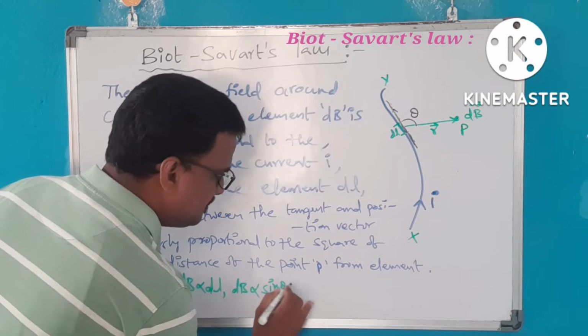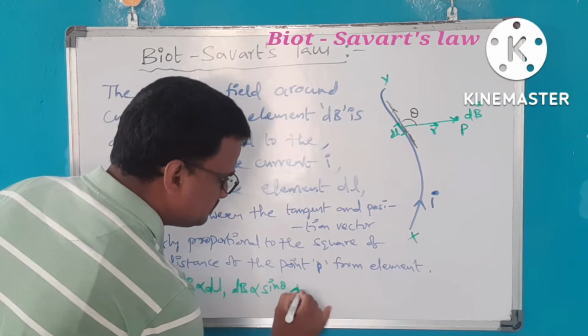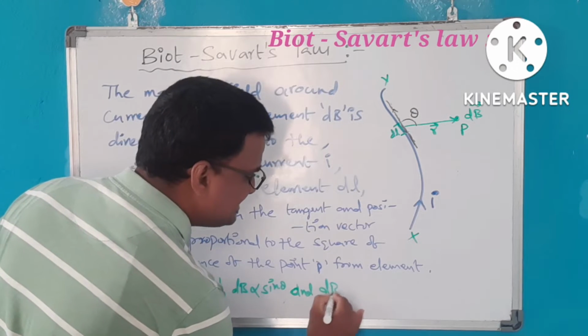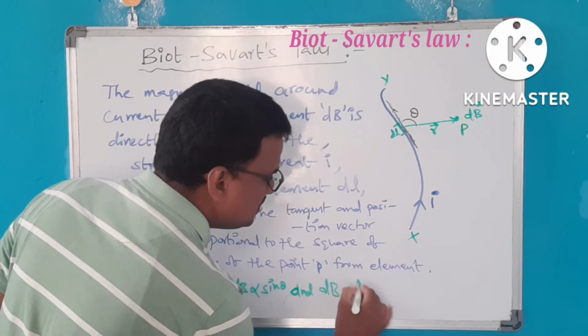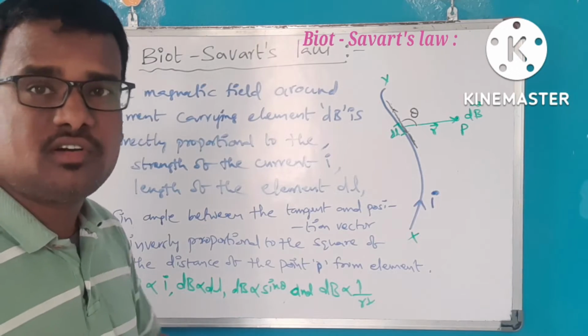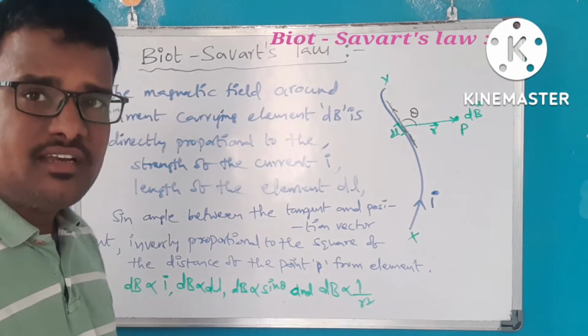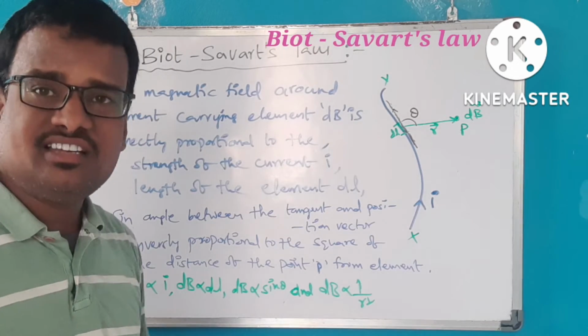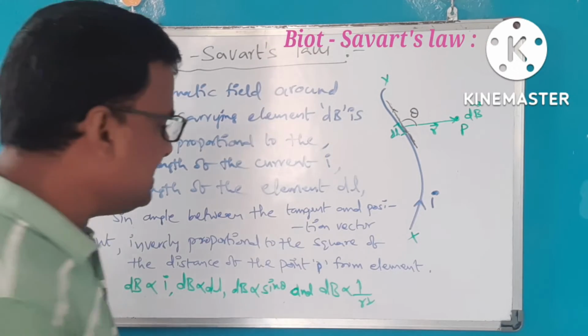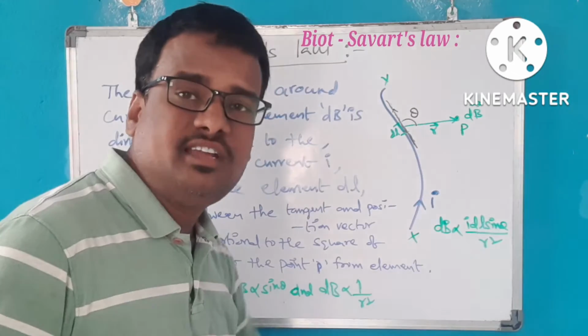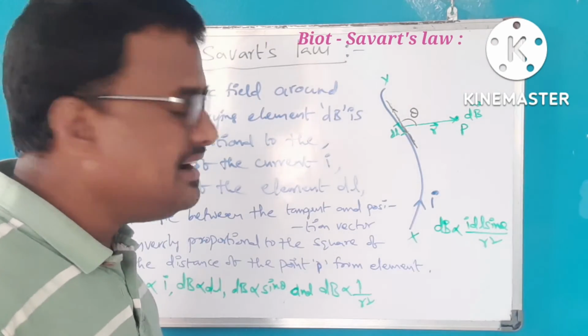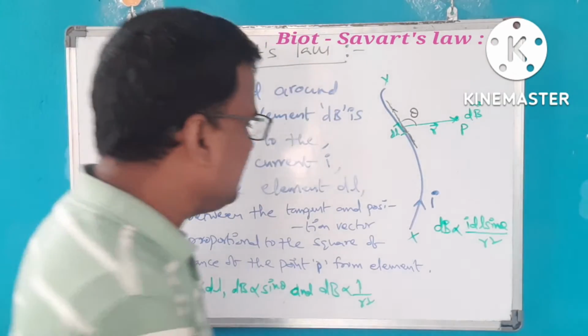But dB is inversely proportional to r square. Now we combine all these into one single equation: dB is directly proportional to I dl sin theta by r square.